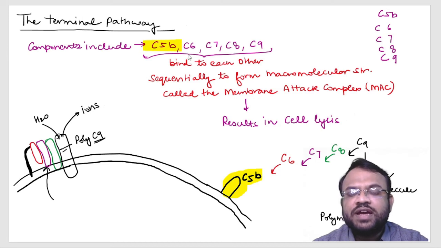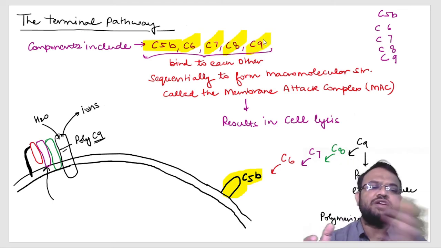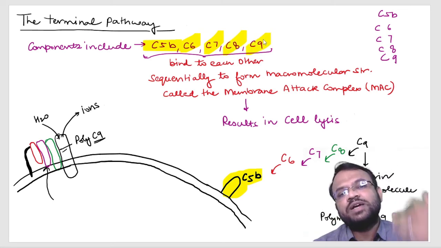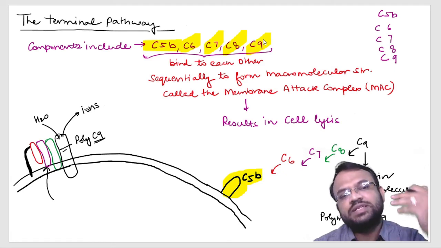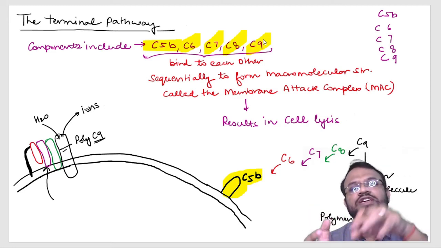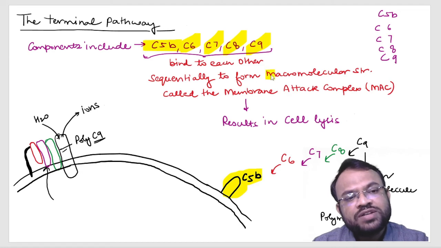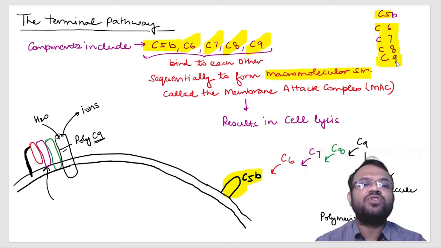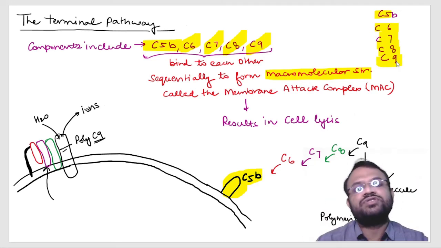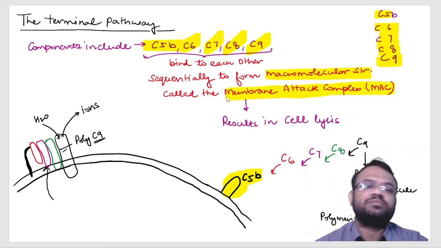C5b is present, and just after C5b it is followed by C6, C7, C8 and C9, in continuation. They bind with each other sequentially to form a macromolecular structure, a big structure that together is called the membrane attack complex.